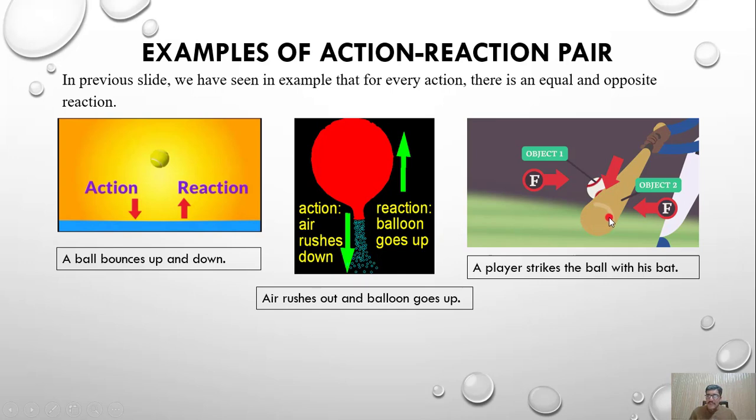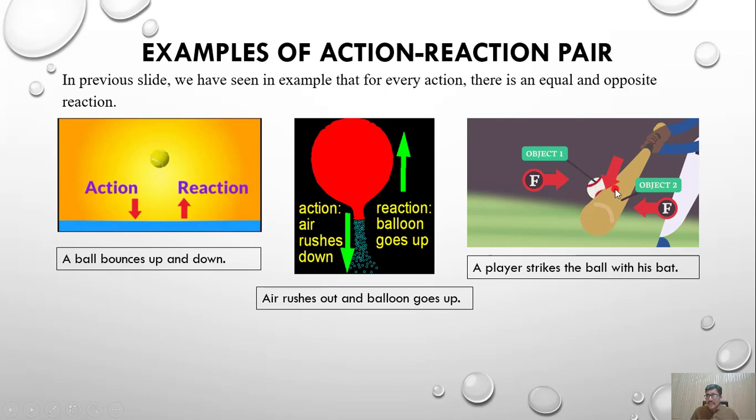And one more example is, for example, a ball coming towards this bat. As the ball hits this bat, you will apply some force to move this ball in a particular direction.